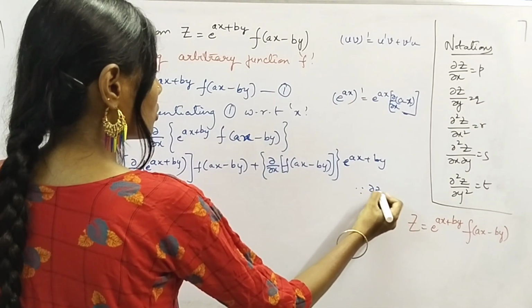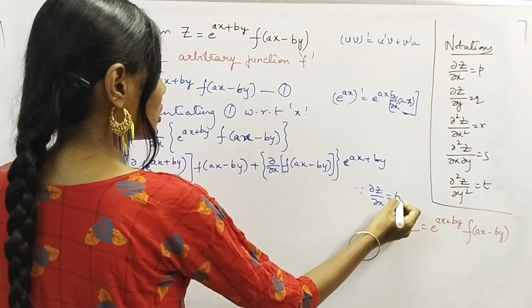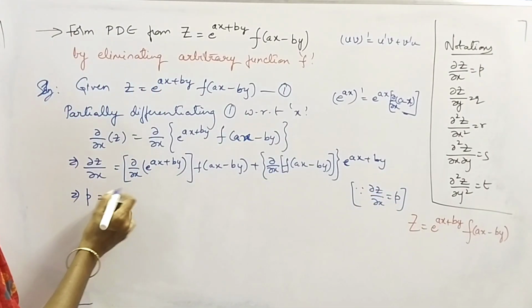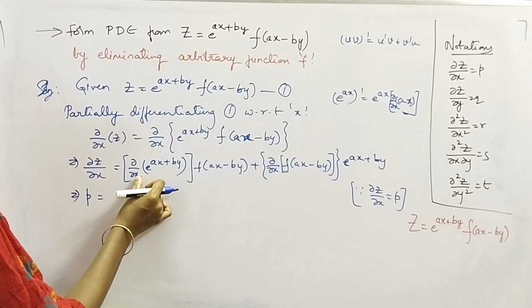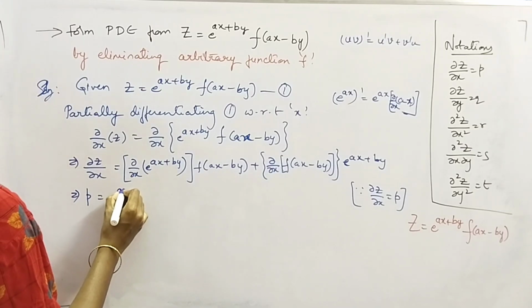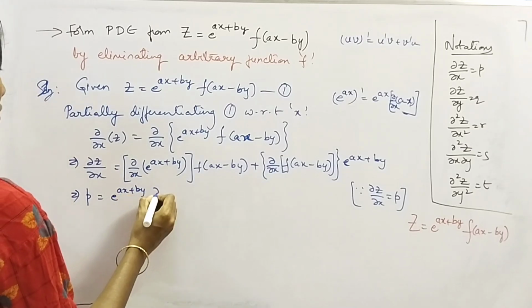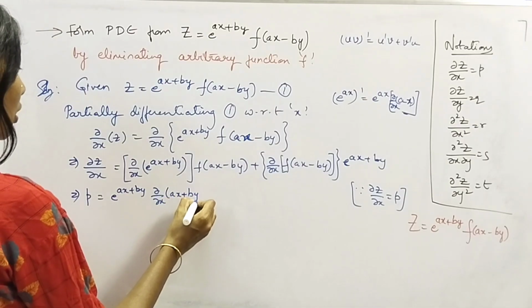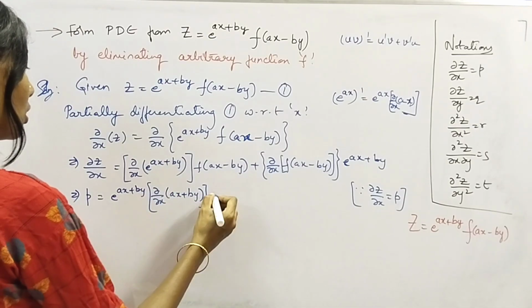And also we know that dou z by dou x can be replaced by the notation p. So we'll replace it by p, we'll get p equal to partial derivative of e power ax plus by with respect to x is e power ax plus by into inner derivative dou by dou x of ax plus by, right?